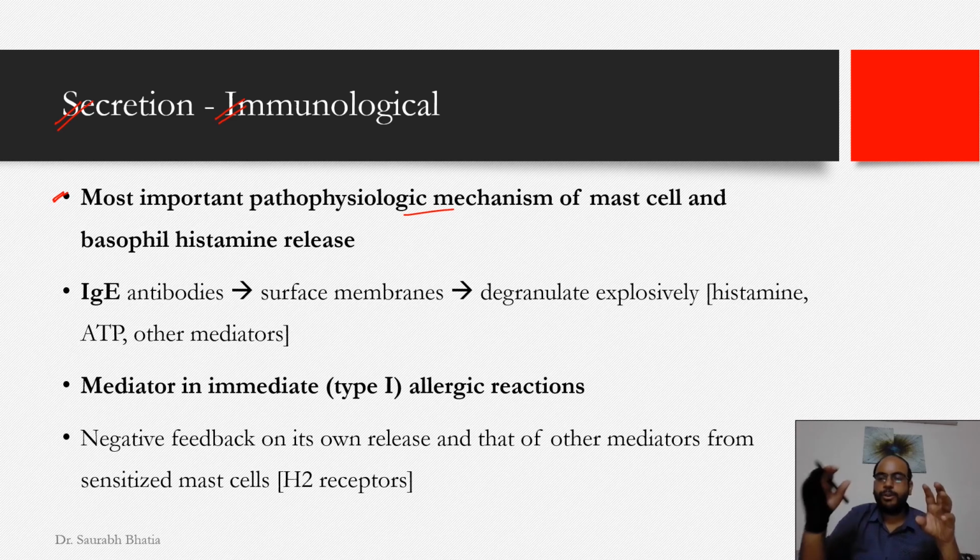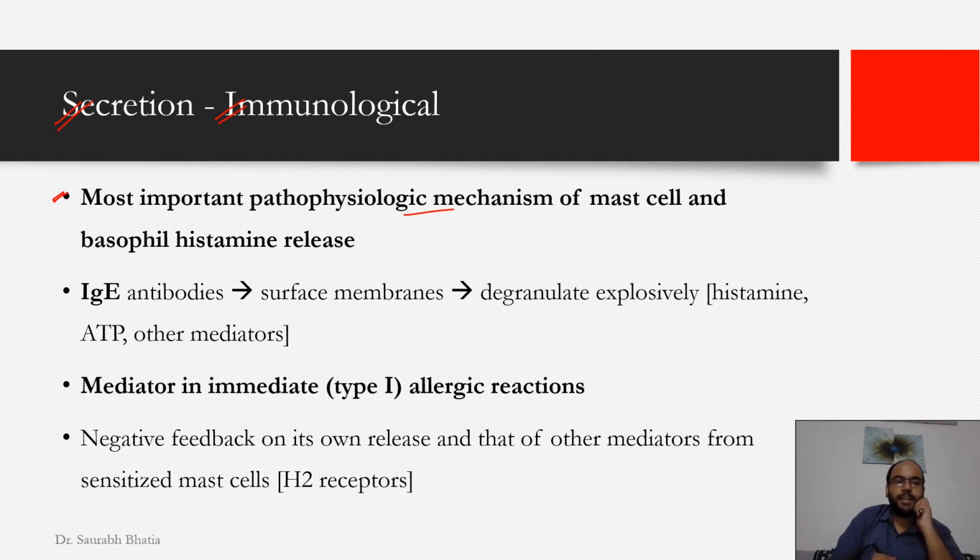Okay, so I've already told you in the last slide that there are two cell lineages, mast cells and basophils. These cells have histamine inside their granules, and upon activation they will secrete those granules and histamine. And the most important mechanism that leads to that secretion is immunological.